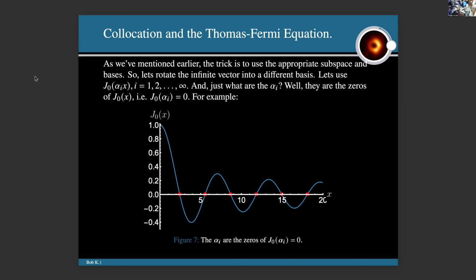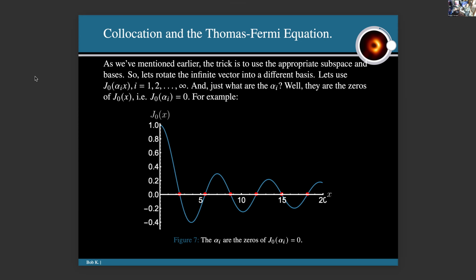And if you do that, then Bessel 0 of 0 is 1. So that's one of the conditions that you need. And for each alpha sub i times x, when x is 1, since it's a zero of J, that's going to give you a 0.